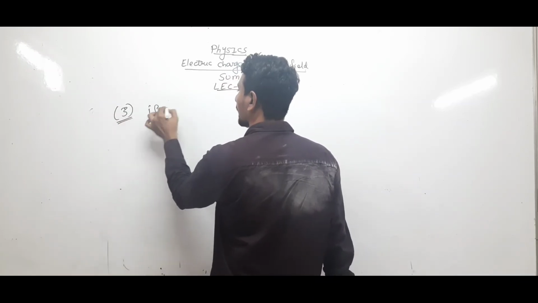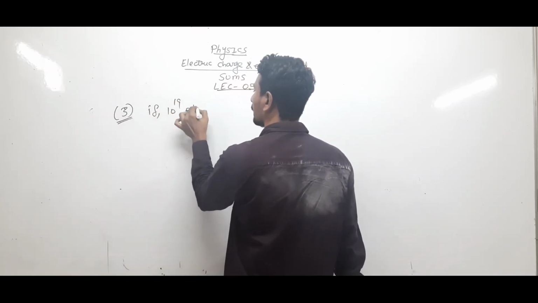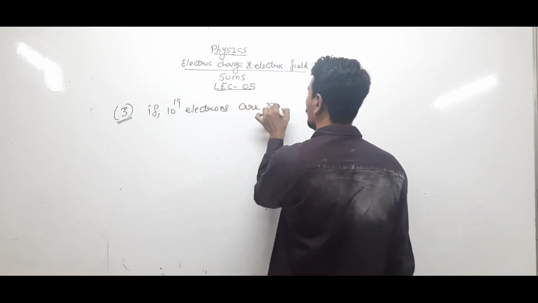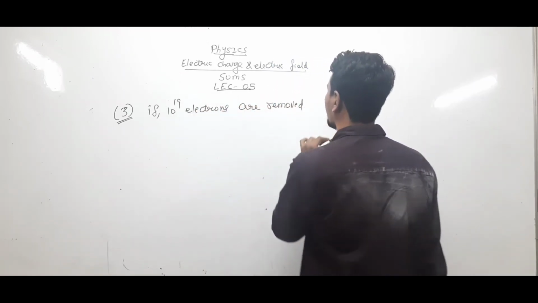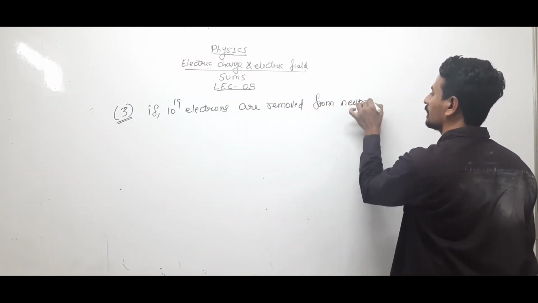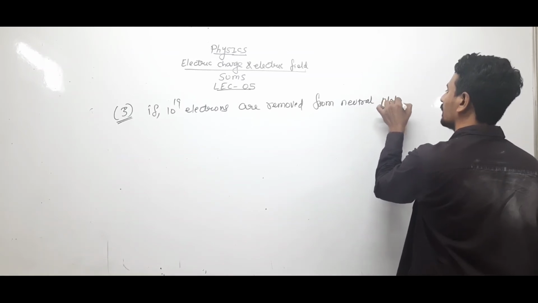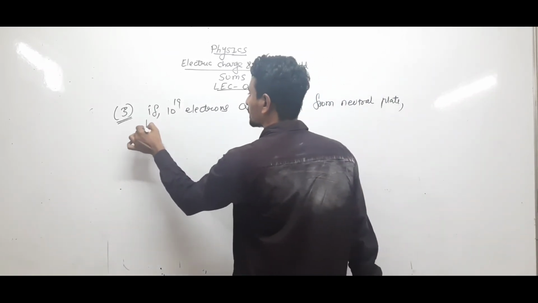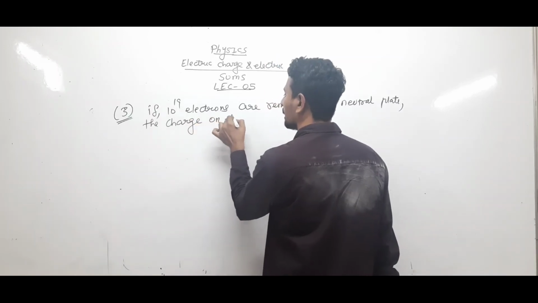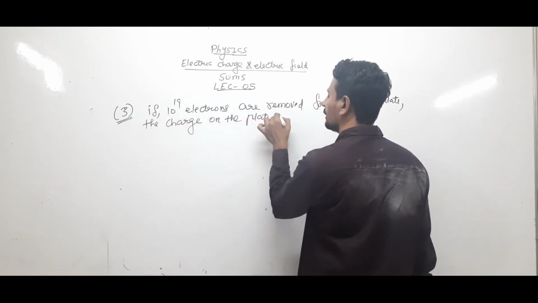If 10 raised to 19 electrons are removed from a neutral plate, the charge on the plate will be?